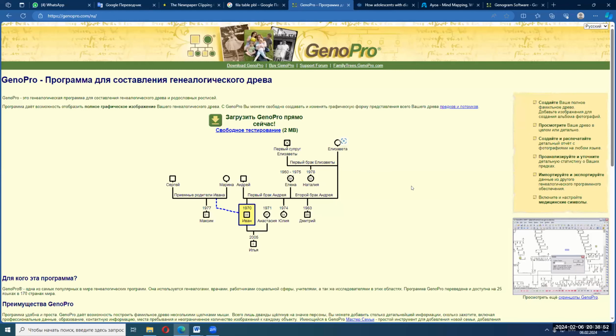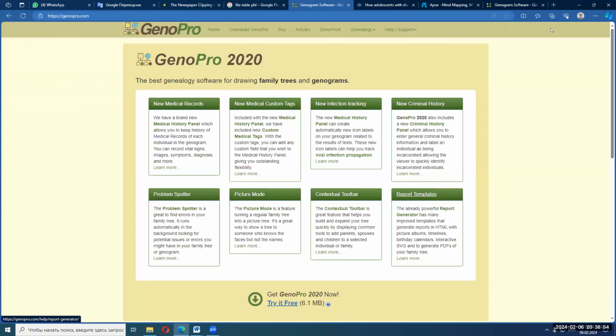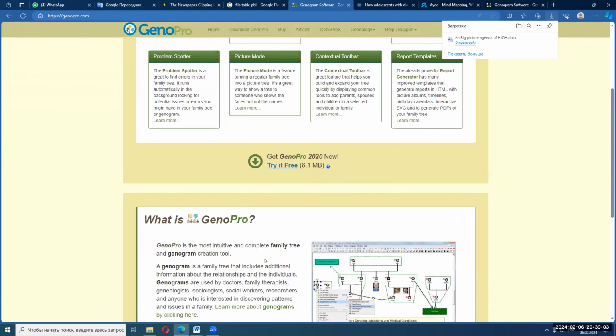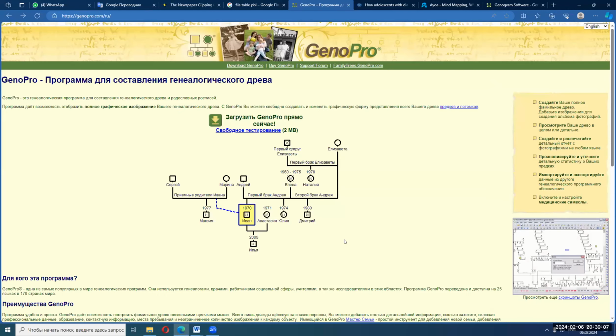And so, what is it that you want the teachers to do with this? They can create their own genetic tree. Each student can create their own genetic tree.